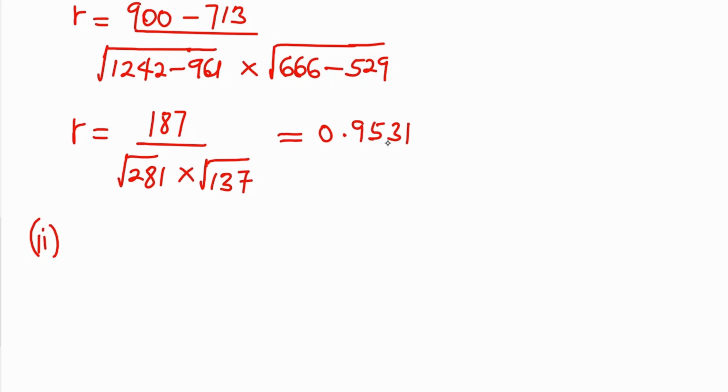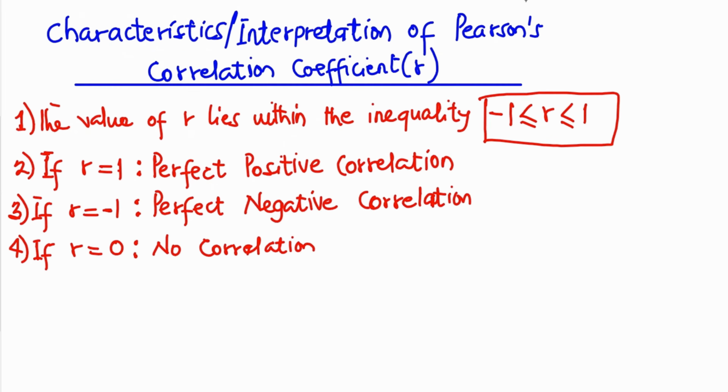From the beginning of our lesson, we said that if R is equal to 1, or approaches 1, then it's a perfect positive correlation. If R is equal to -1, or approaches -1, we can term it a perfect negative correlation. If R is equal to 0 or approaches 0, then we term it no correlation.